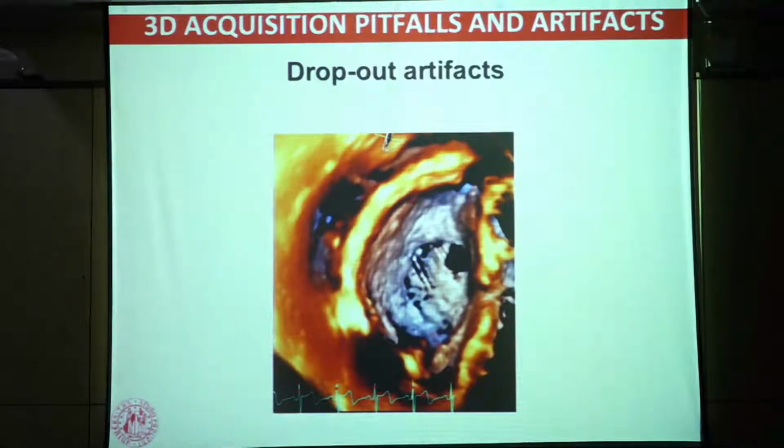Dropout artifact can be particularly evident. This is an interatrial septum with interatrial aneurysm. You see that it seems that there is a completely cribriform interatrial septum, but indeed of all these holes, just one is real.